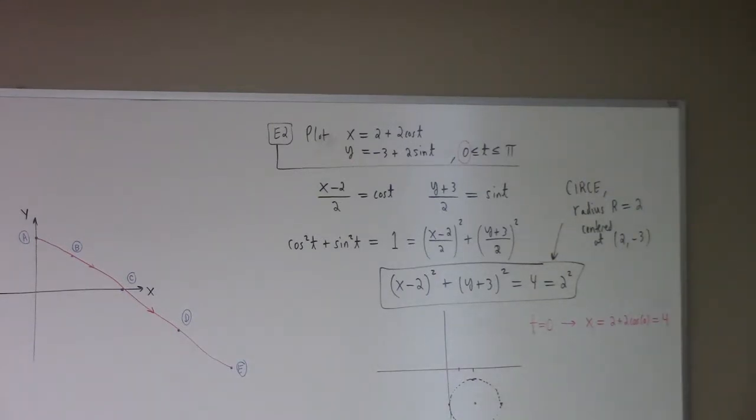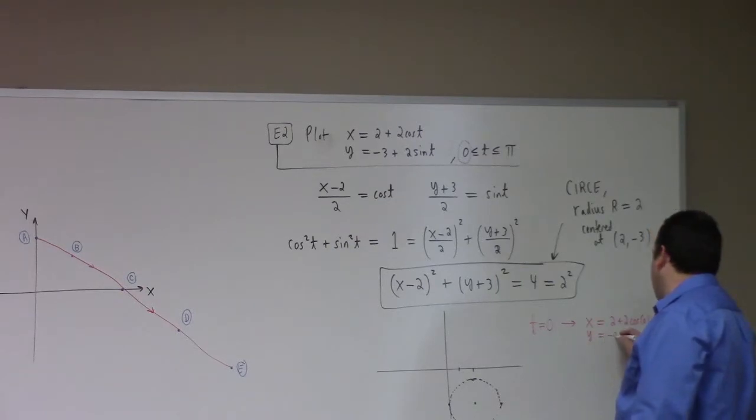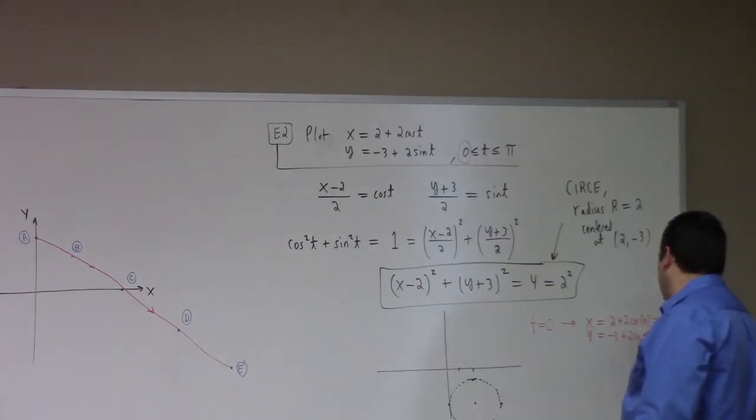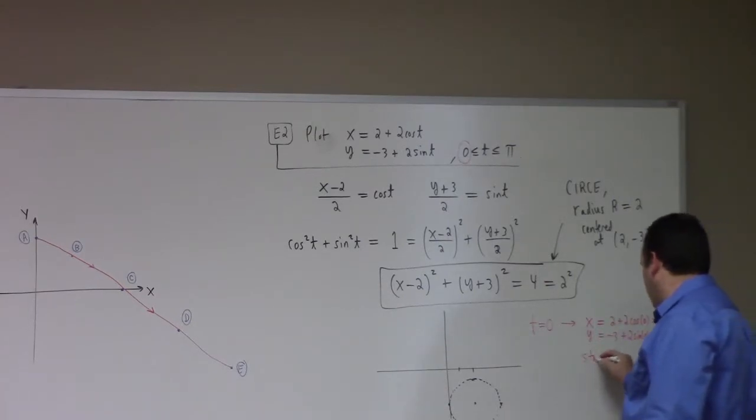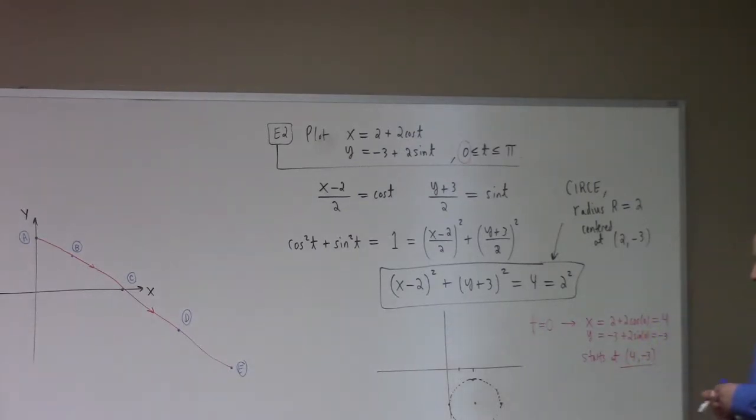What's y there, though? Y equals minus 3 plus 2 sine of 0, which is minus 3. So it starts at (4, minus 3). That's its initial point, which is this guy.